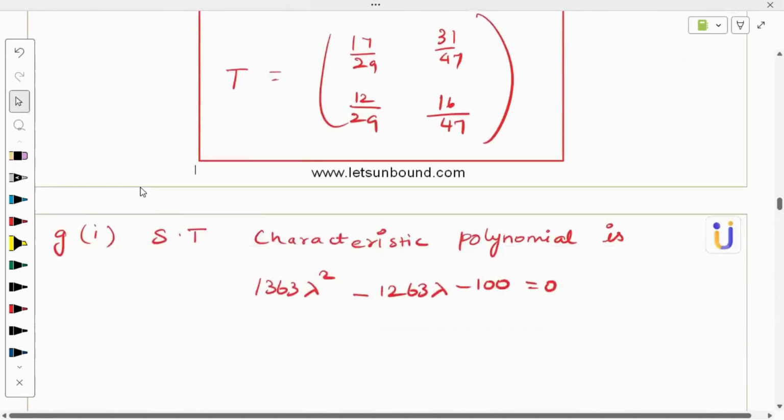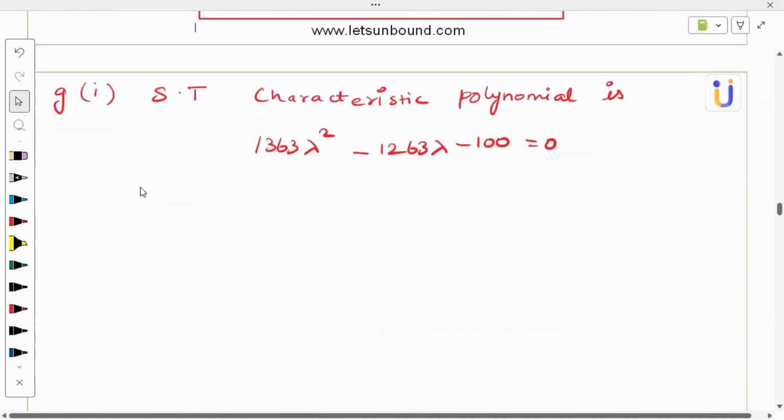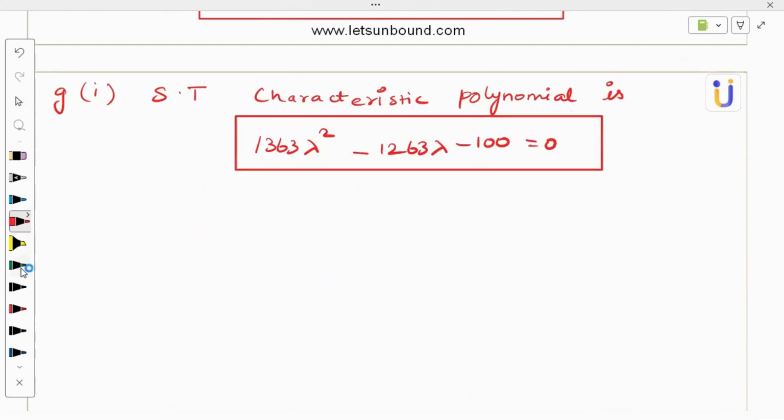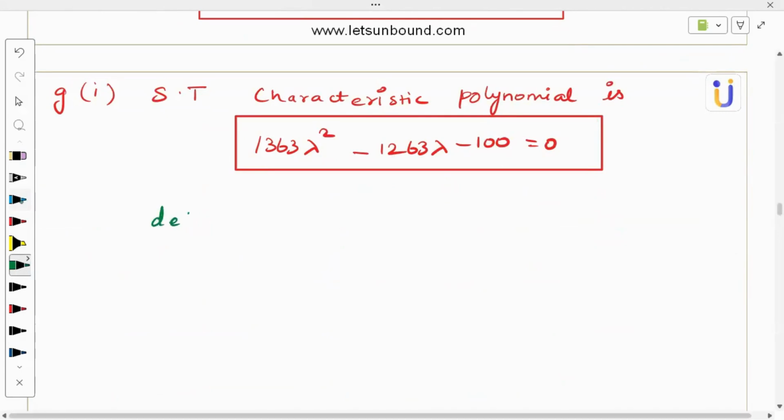That's simple. Now the other part. Show that the characteristic polynomial of T is this. Okay, how to find the characteristic polynomial? It's very simple. This is the formula: determinant of T minus lambda I, whatever your matrix is.